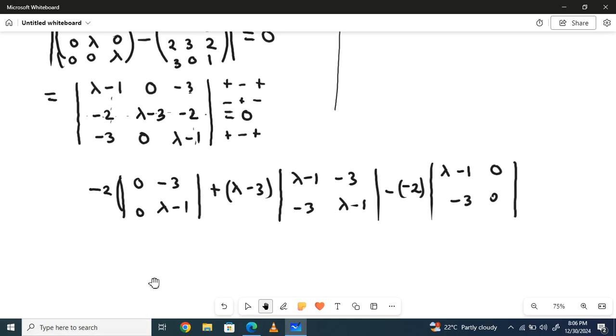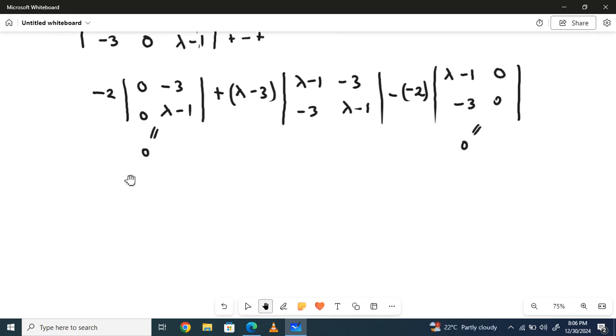You'll realize that from our choice we'll just be left with 1. Everything else goes to 0. So our first value here will be 0, and also lastly here we will get a 0. So we will be left with only 1, which is lambda minus 3 into that determinant.